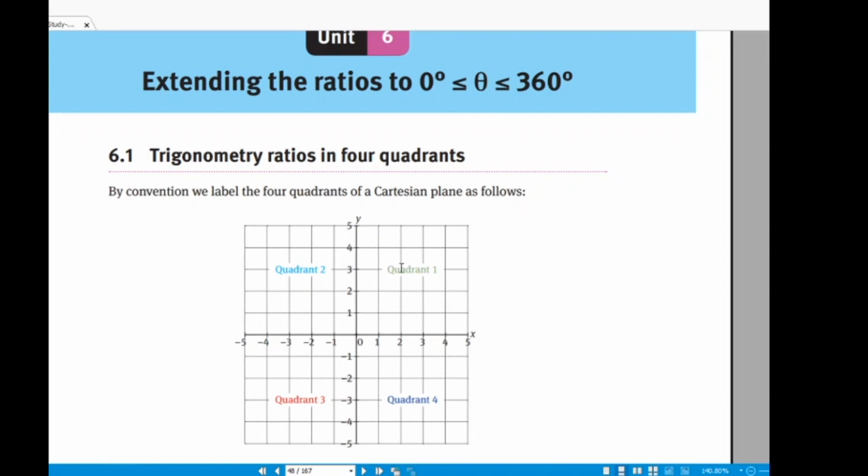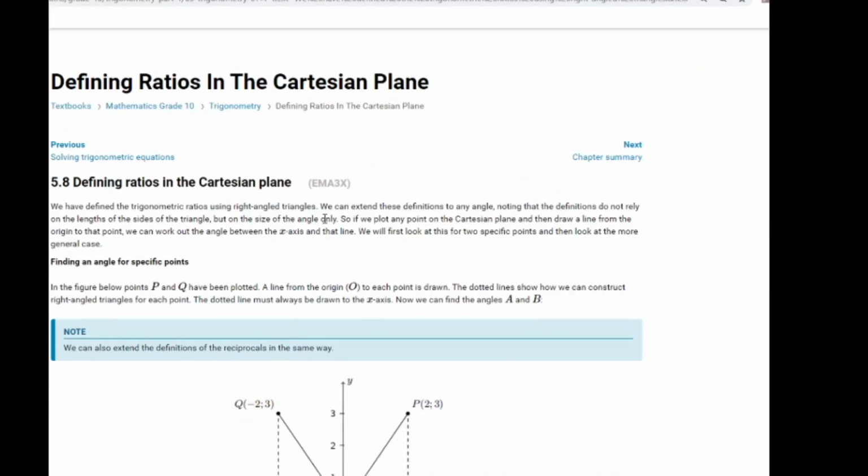So far we have only looked at angles that are less than or equal to 90 degrees, where we introduced the trigonometric ratios using a right-angled triangle. So now we are bringing all of that into the Cartesian plane, where our angles will be between 0 and 360 degrees. As an introduction, let us read these notes from Siyavula, right?